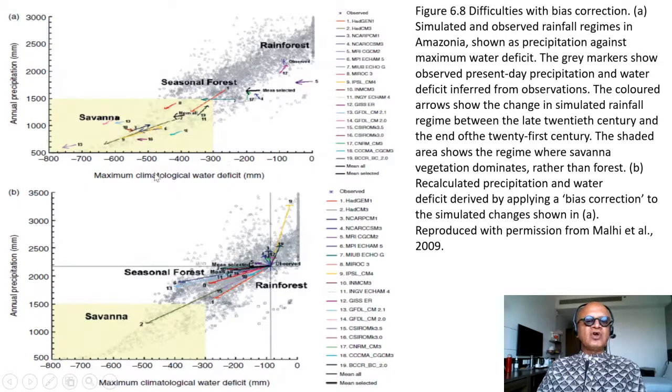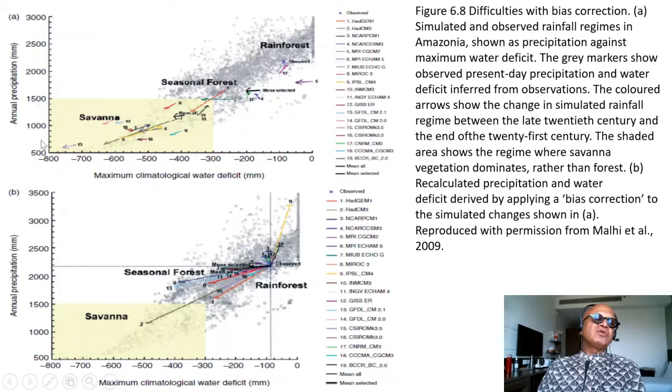So you have on the x-axis here maximum climatological water deficit. So you can see 0 is over here and deficit increases this way. So obviously you go from rainforest where water deficit is very low into savannas where rain deficit is very high. So it's a clear shift in vegetation type.